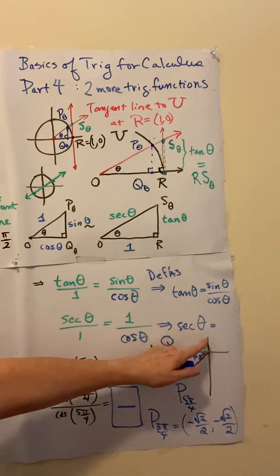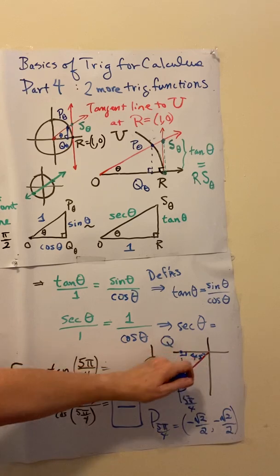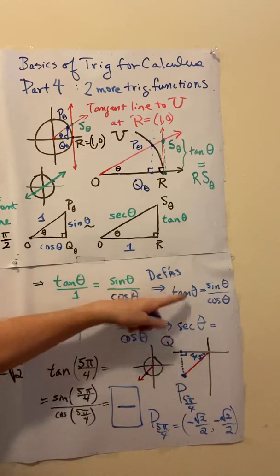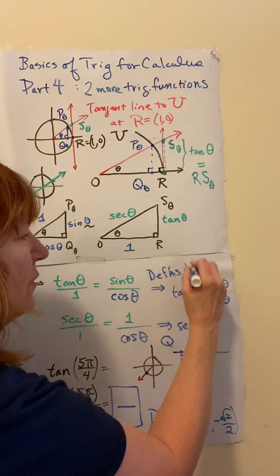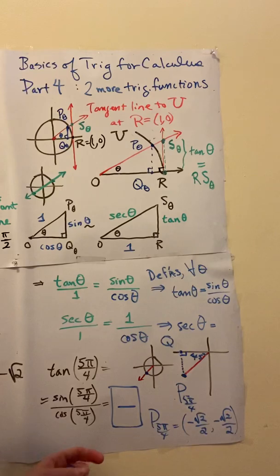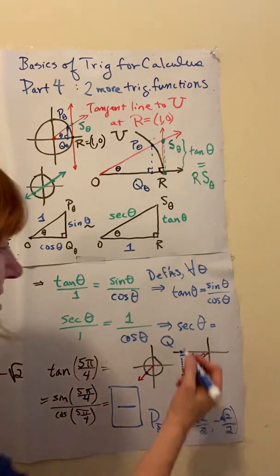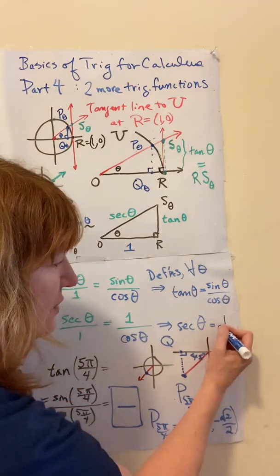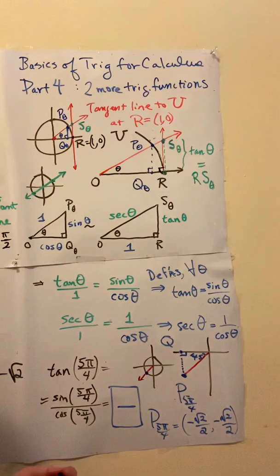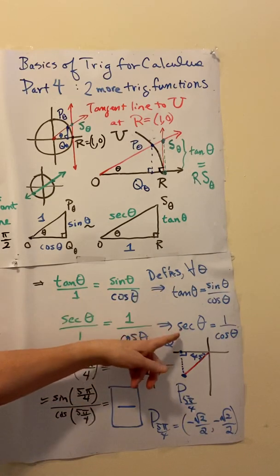That is what we're going to take as our definition of the secant of theta for any angle. Same thing with tangent. These definitions are true for all theta, not just the ones in the first quadrant. This is why we take it as the definition. The secant of theta is always 1 over the cosine of that angle. So if we know the sine and cosine of those angles, we know their tangent and secant.